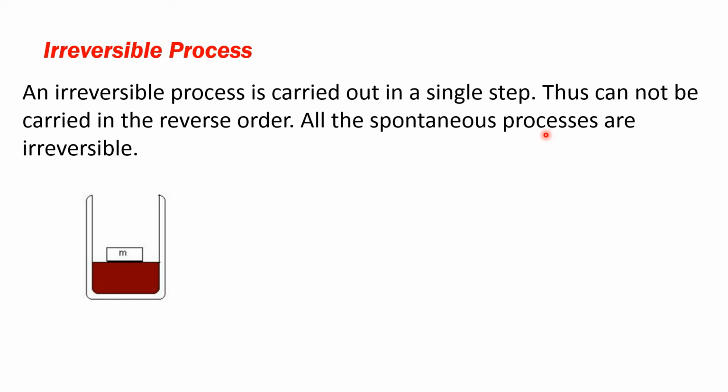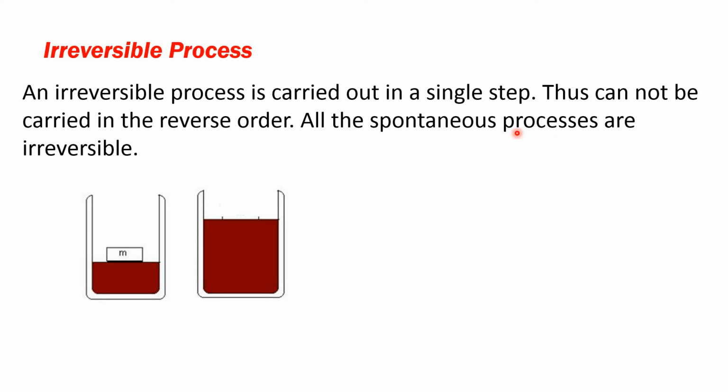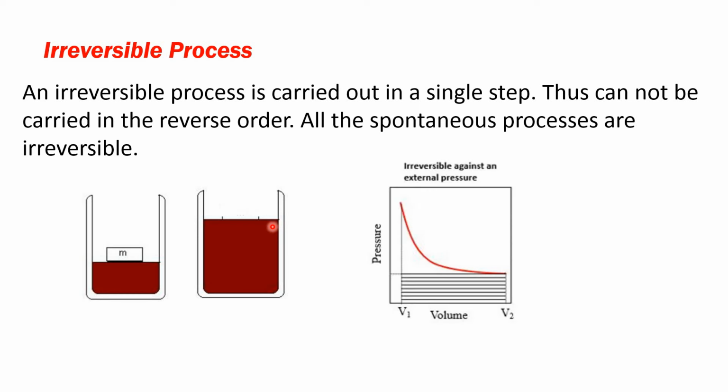Now if you remove the weight, then what will happen? Then gas pressure will be much more because you have removed the weight. So suddenly you have removed the weight, gas pressure suddenly becomes more. So this finite expansion takes place in finite time. Okay, and in one step.